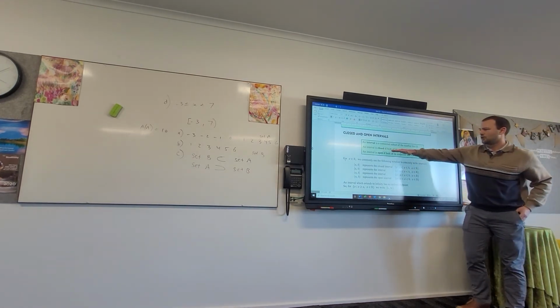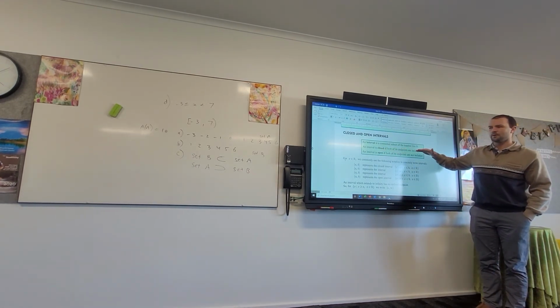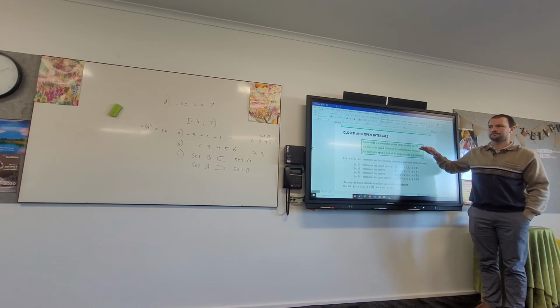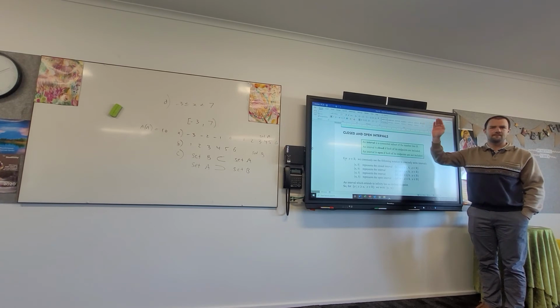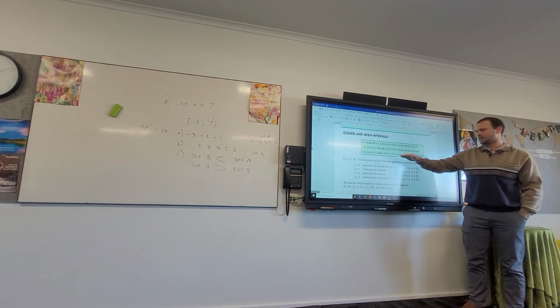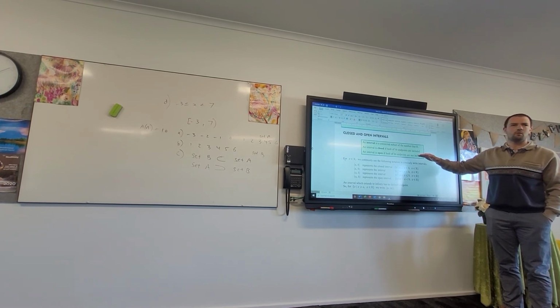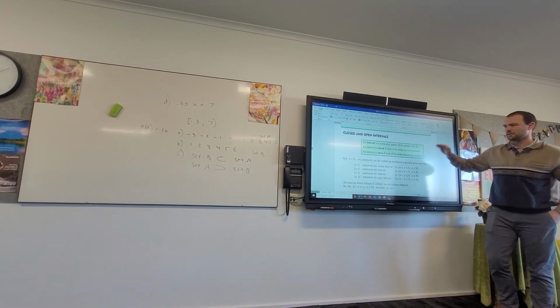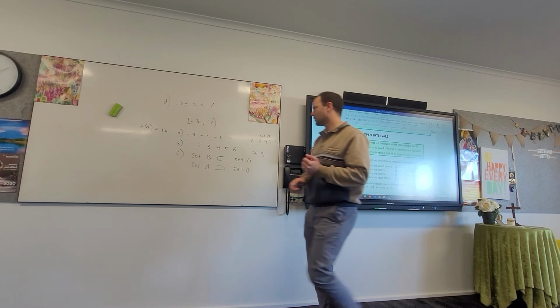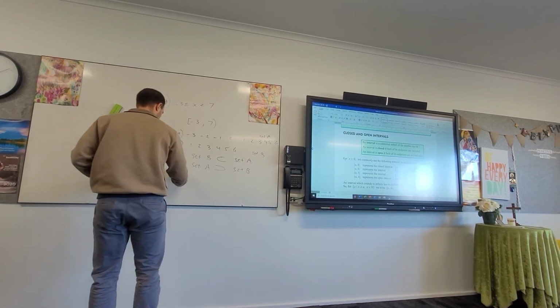An interval is closed if both of its endpoints are included. Well, we have -3 included, but 7 is not included. It's open if both of its endpoints are not included. We don't have that either. So this set is neither open nor closed.